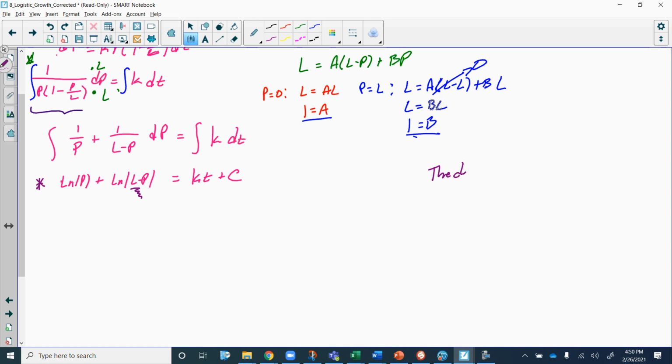The derivative of that expression, L minus P, where P is the variable, the X value or Y value that we take the derivative with respect to, is just negative 1.